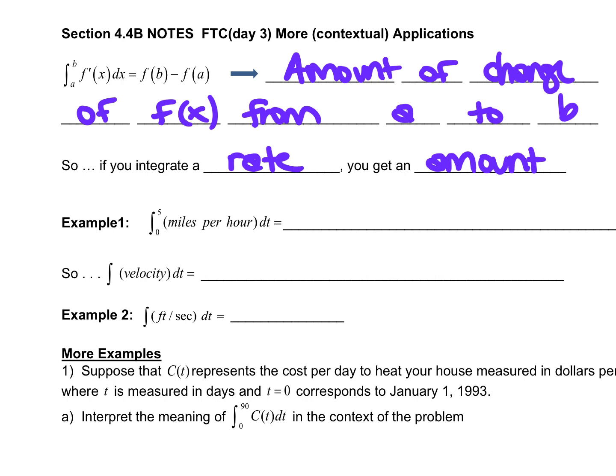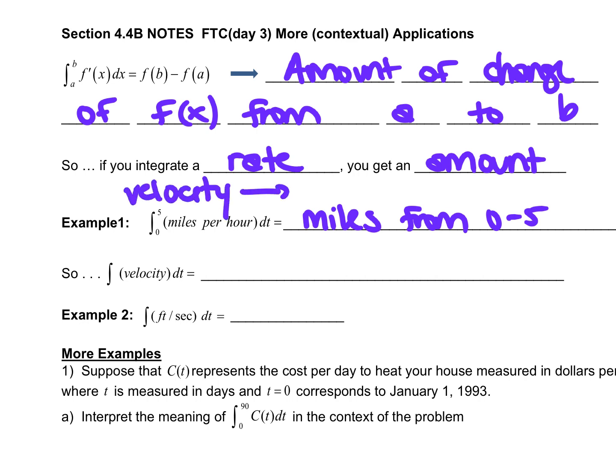If you are integrating from 0 to 5 of a function that gives you miles per hour, the answer you get back out is the miles themselves from 0 to 5. In other words, velocity integrates to give me position. A velocity of miles per hour integrates to give me the amount of miles.